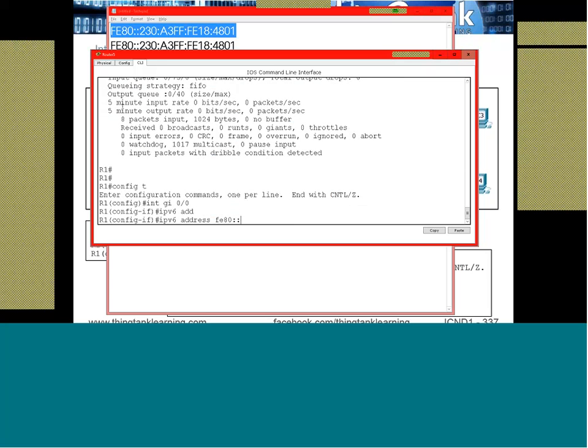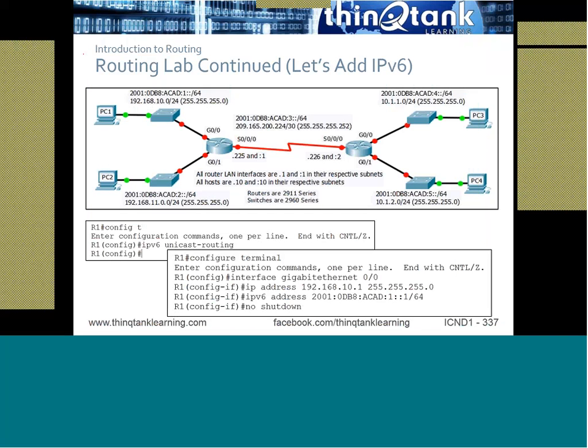Now what I can choose to do here is make this one 1:1. Why did I choose 1:1 in this case? Because that corresponds to the subnetwork and the host address of the router. You can make the link local addresses anything you want. I've chosen to make it 1:1.